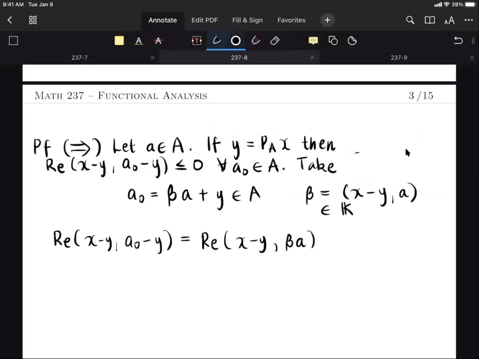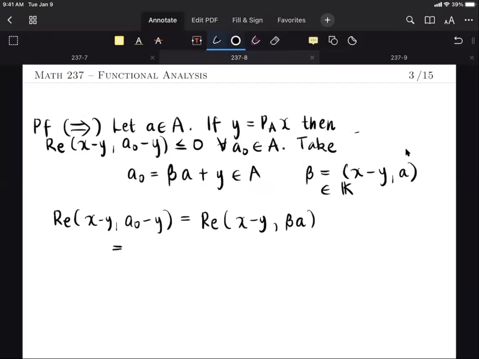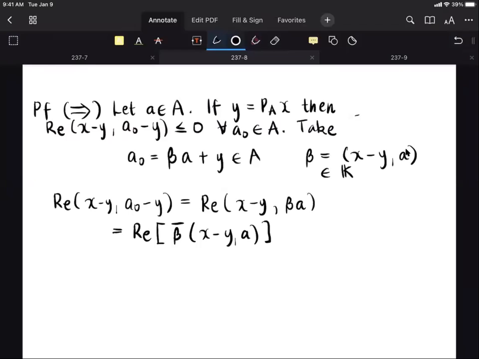Since the inner product is antilinear or conjugate linear with respect to the second component, pulling out beta, you should put the conjugate. And take note that this is our beta.